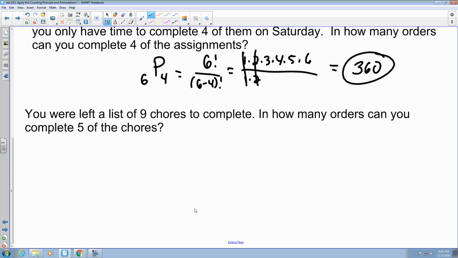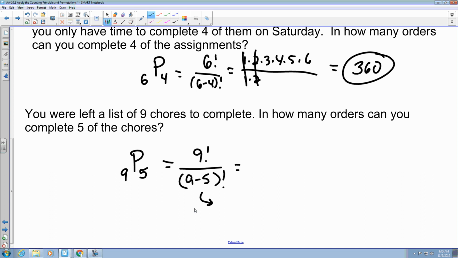Here it says you are left a list of 9 chores to complete. In how many orders can you complete 5 of the chores? So it's a permutation where you have 9 objects and you're arranging them 5 different ways. So it's going to be 9 factorial divided by 9 minus 5 factorial. Sometimes these expansions can be a little long.